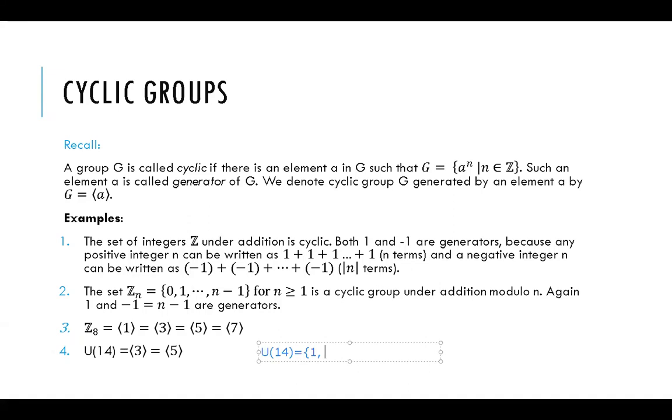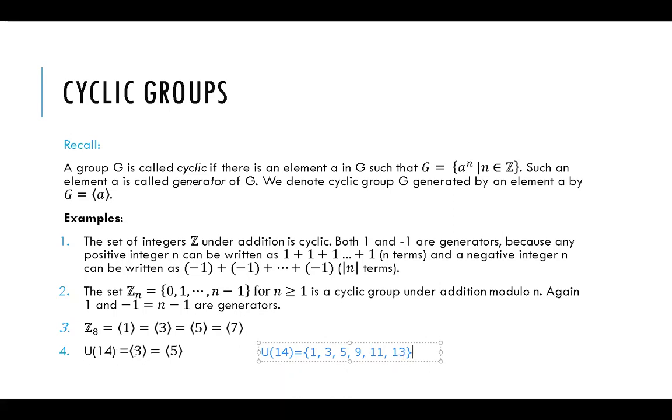It contains 3 because 3 is relatively prime with 14. It does not contain 4. Now it has 5. It has 6, no, 7, no, 8, no. It has 9, yes. 1, 3, 5, 9. 7 cannot be there because its GCD with 14 is greater than 1, it's 7. And then we have 11 and we have 13. So these are the elements which are present in U14.